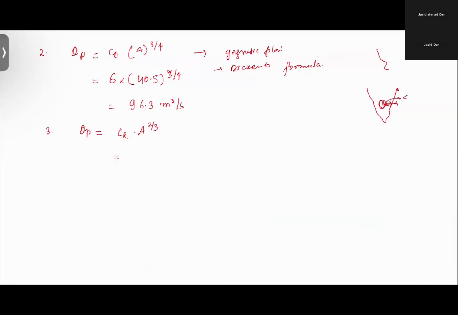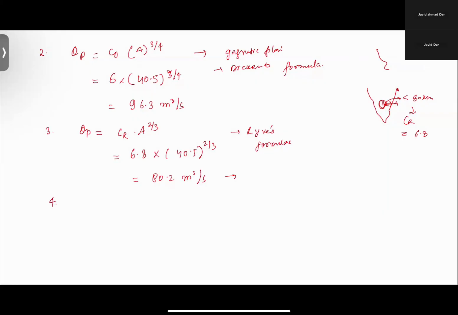This distance is actually less than 80 kilometers. So in that case, C_R has to be taken as 6.8. We take C_R to be 6.8, multiply with the area, which is 40.5, whole raised to the power 2 by 3. You compute the value, it will be 80.2 meter cube per second. This is actually the Ryves formula.